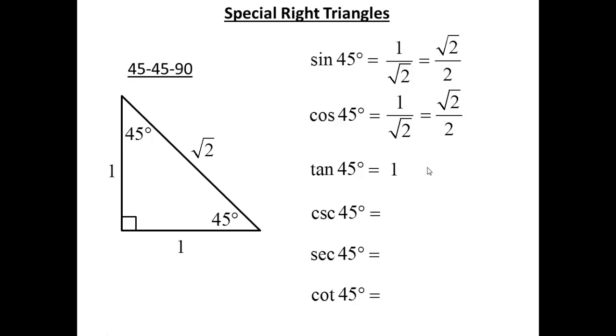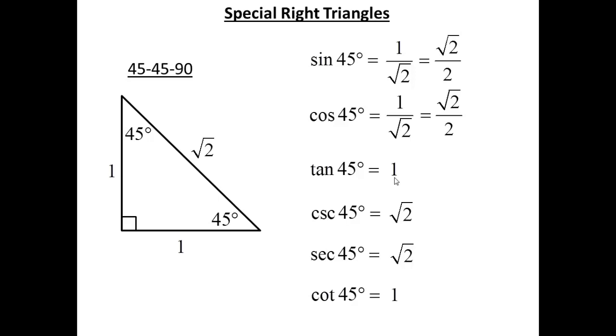And if I keep going to get the other three, cosecant, secant, and cotangent, I'm just going to take these three guys and flip them upside down. So root 2, root 2, and still 1. Cotangent and tangent would be just the same answer since it was 1. So we now have our 6 trig ratios at 45 degrees: root 2 over 2, root 2 over 2, 1, root 2, root 2, and 1.